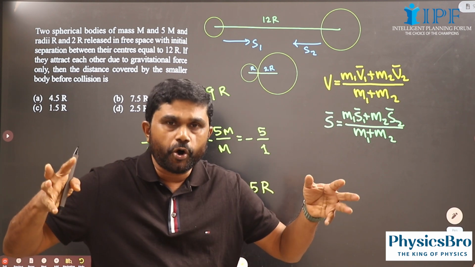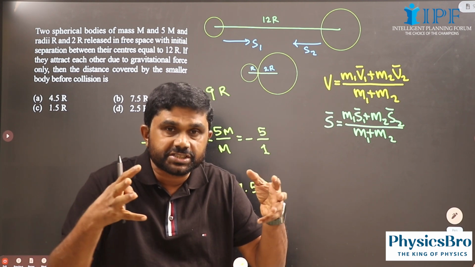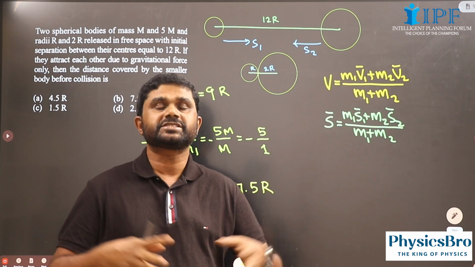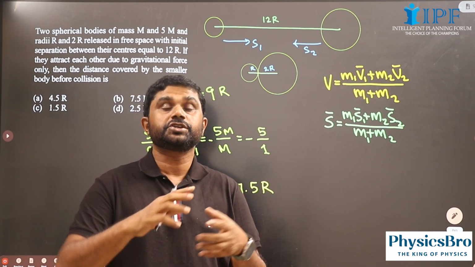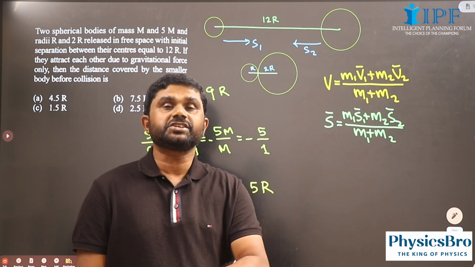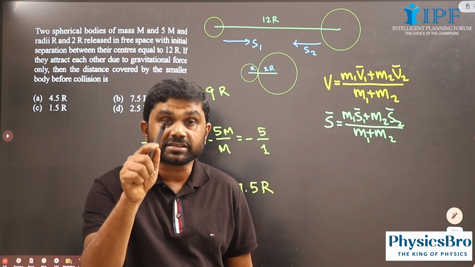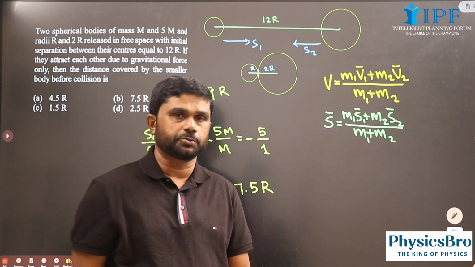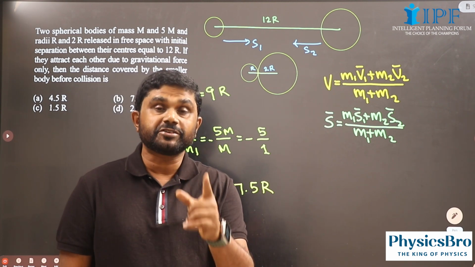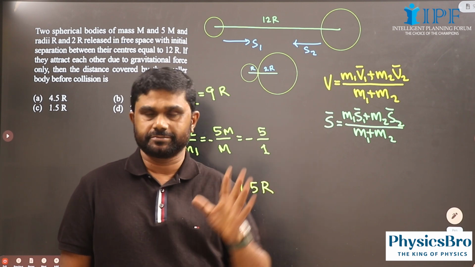Now the two bodies are moving towards each other under their mutual gravitational attraction. Means as the two bodies move, there is no external force acting on the system. Whenever there is no external force, acceleration of the center of mass is 0. Acceleration of the center of mass 0 means velocity of the center of mass will not change.